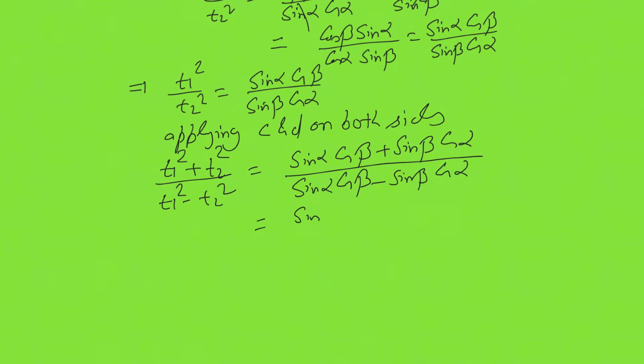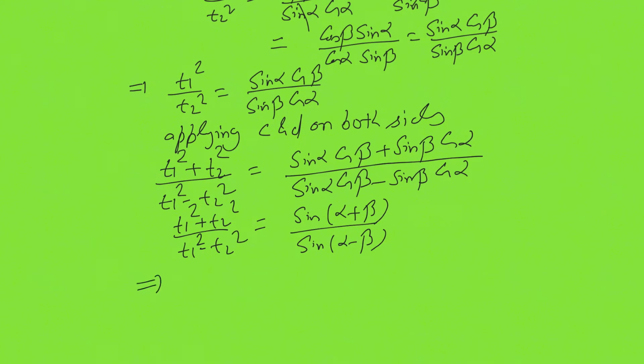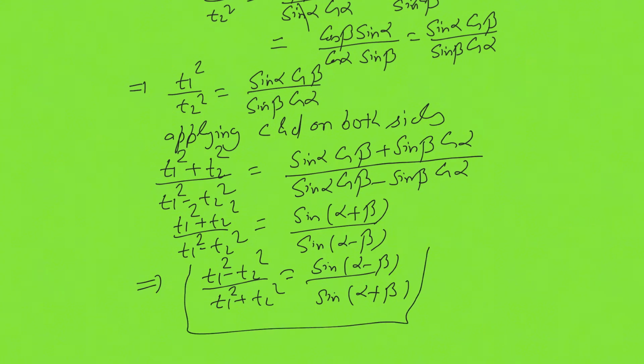Now this is sine of alpha plus beta, a plus b, and this is sine of alpha minus beta. Now taking the reciprocal, this is equal to sine alpha minus beta by sine alpha plus beta, and this was required to prove.